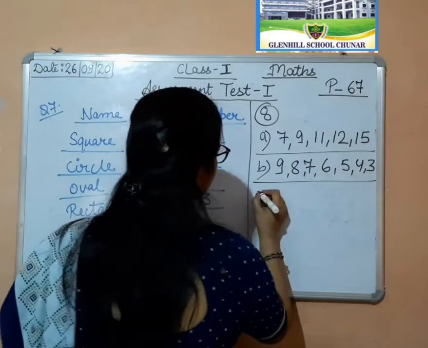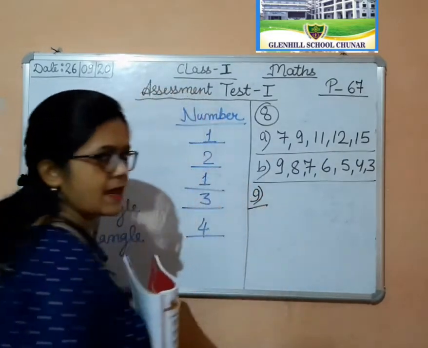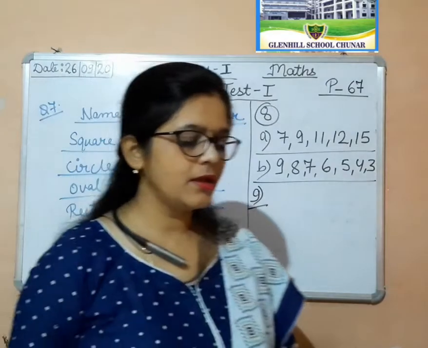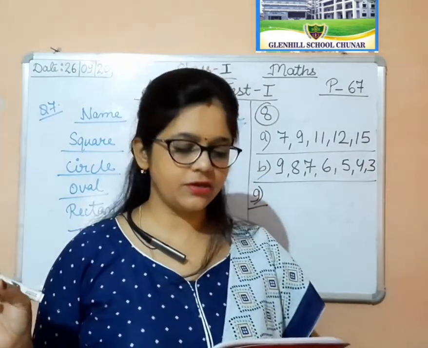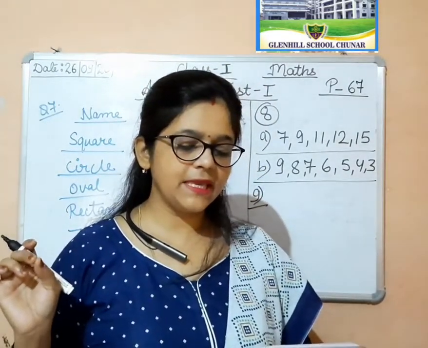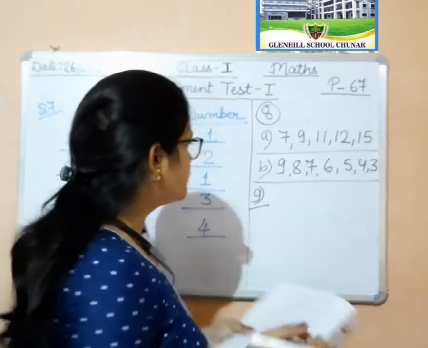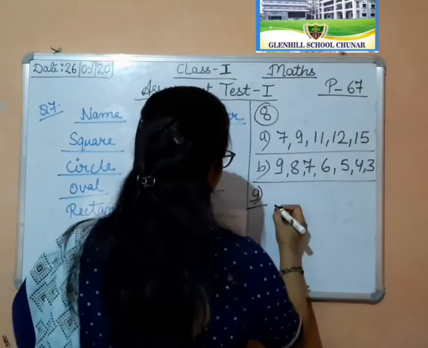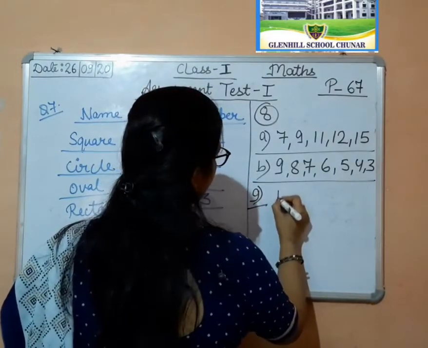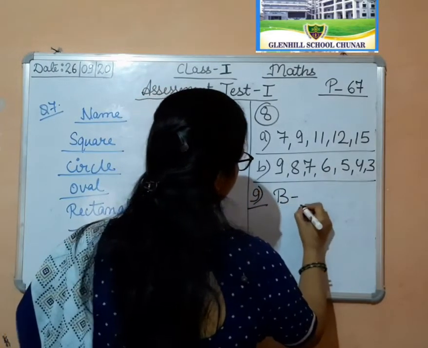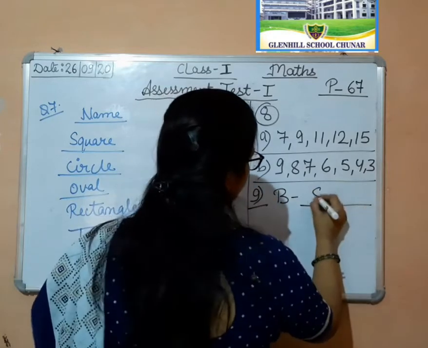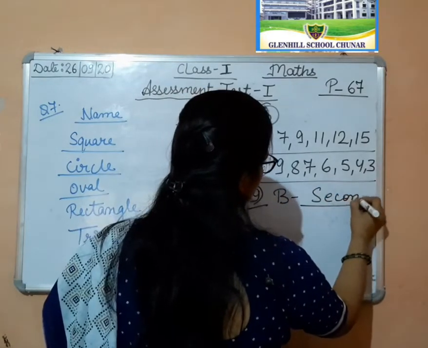Now question number 9. So many times I have asked this question. Okay, the order of position. So the position of B in ABOUT is what? Position of B. Second position. Okay, second.